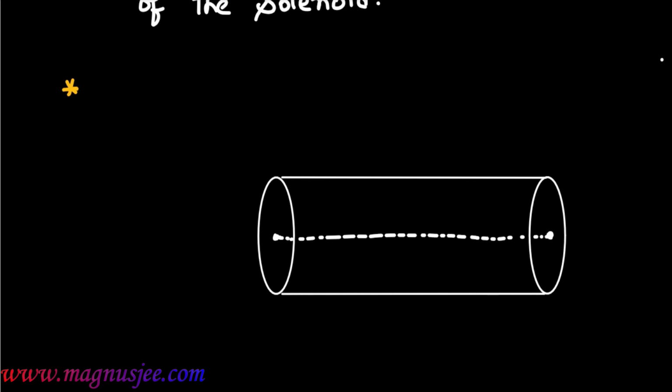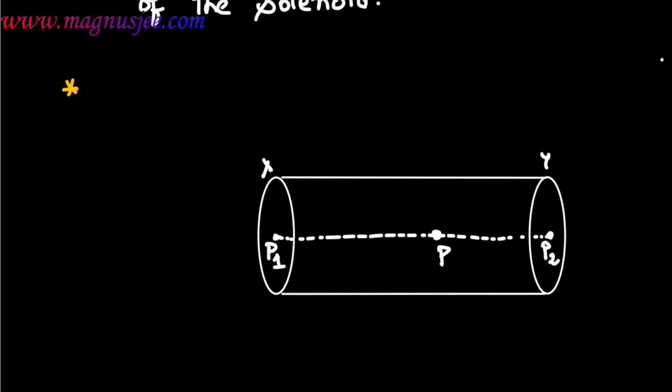The dotted straight line is the axis of the solenoid. P1 and P2 be the two centers of the circular cross sections at the ends X and Y. P is a point on the axis.